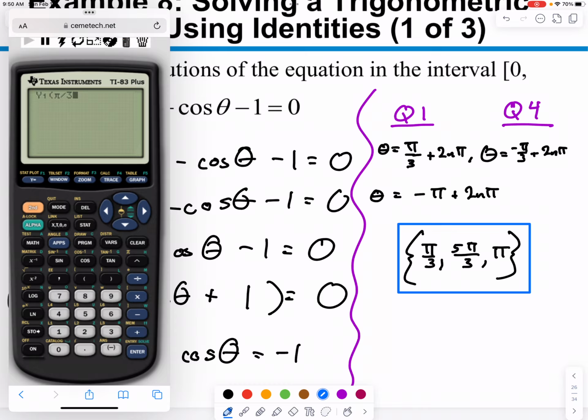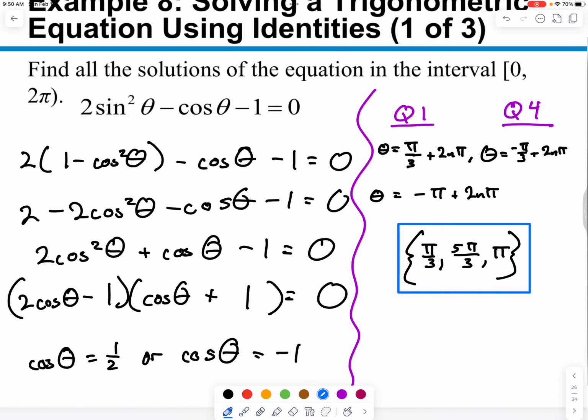We should get 0. And then let's test 5 pi over 3. And then let's just test pi. That's about the best we can do there.